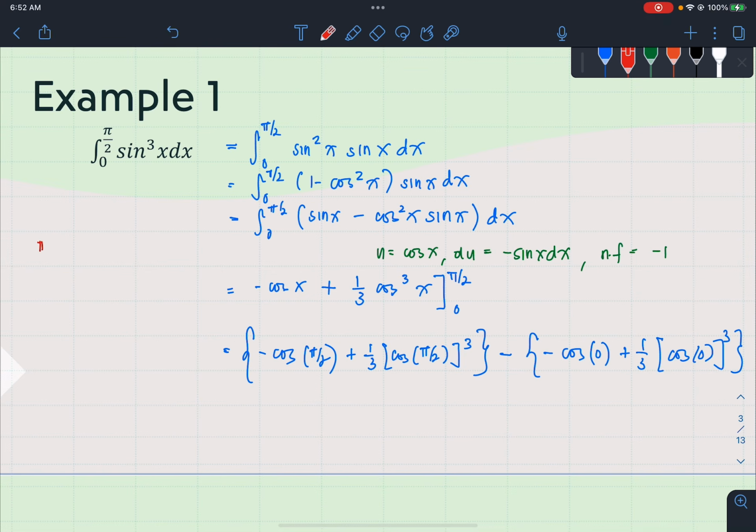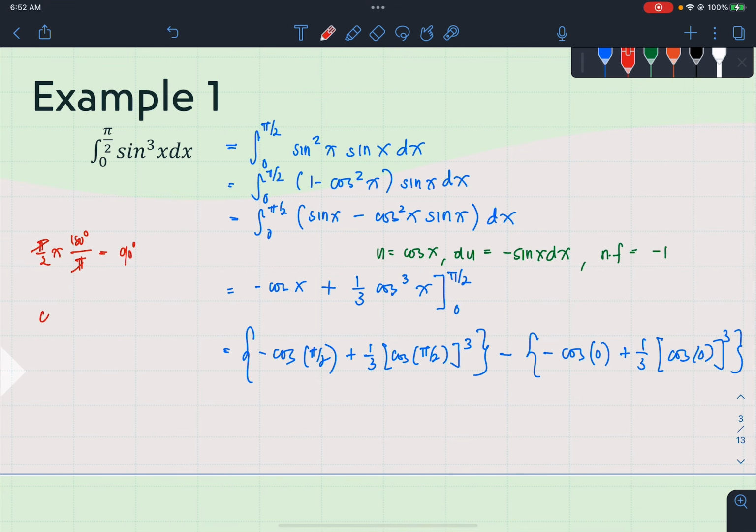So how do we convert it? That will be multiplying it with 180 degrees all over pi. So pi will be cancelled out, so 180 all over 2, that is actually 90 degrees. Okay, so pi all over 2 is 90 degrees.